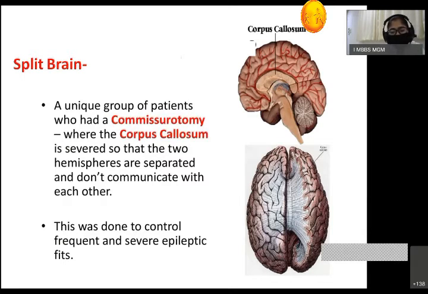It is usually done in severe cases of epilepsy, or epileptic fits, in which the patient does not respond to anti-epileptic drugs. Only in such severe cases is callosotomy or commissurotomy done. This condition is called split brain.